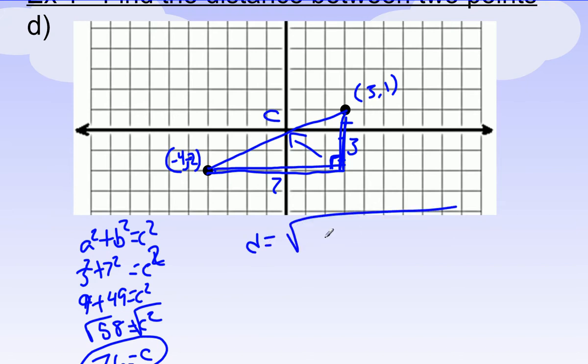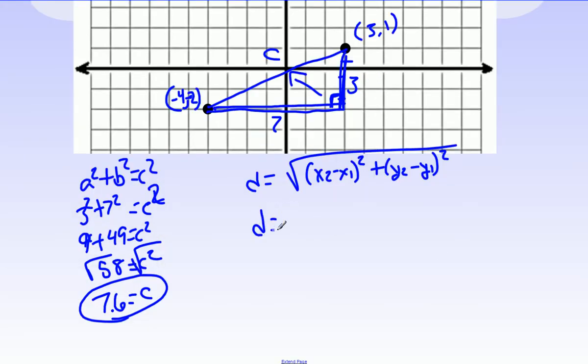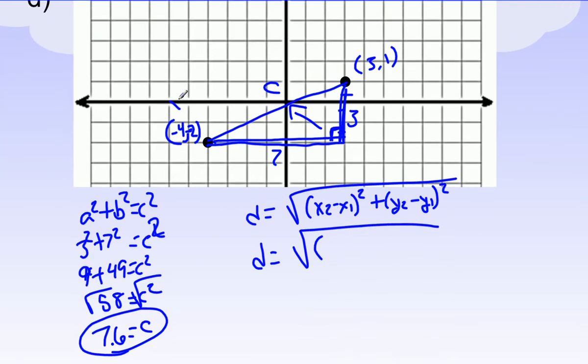Distance equals the square root of x2 minus x1 squared plus y2 minus y1 squared. Just for fun, I'm going to call this guy my x1, y1, x2, y2. So x2 is 3 minus -4 squared plus 1 minus -2 squared.